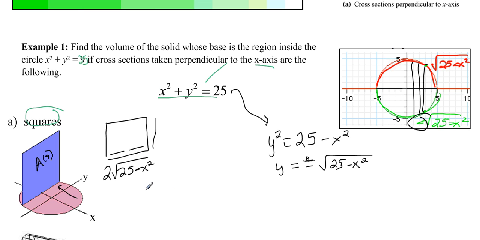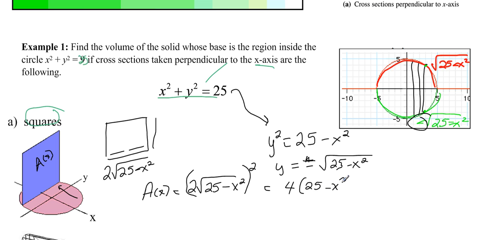So to calculate the area of a square, or A(x) in this case, all I need to do is take 2 times the square root of 25 minus x squared and square that, which would turn out to be 4 times 25 minus x squared, since the square root goes away once we square it. Distribute through, and we're looking at 100 minus 4x squared.